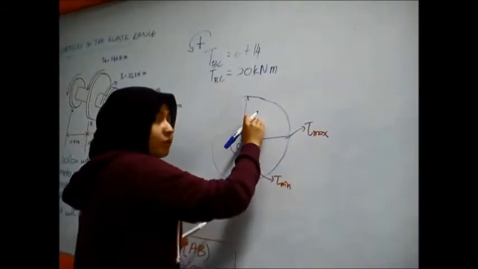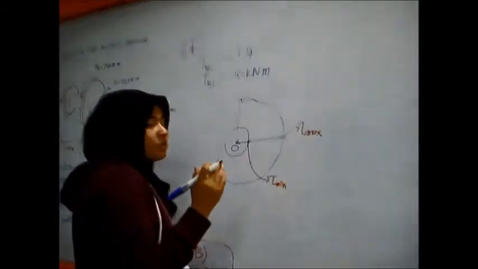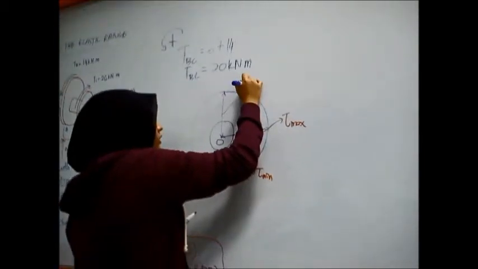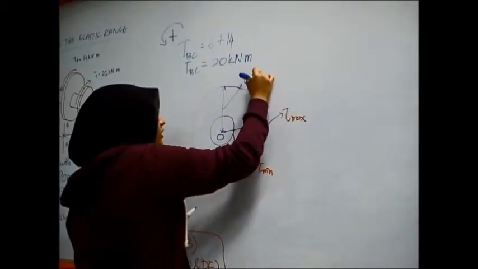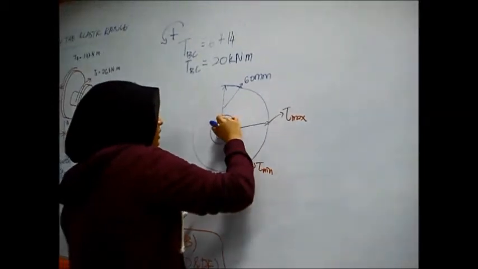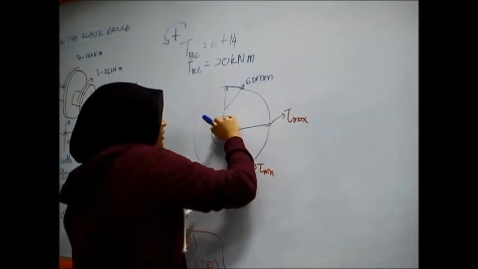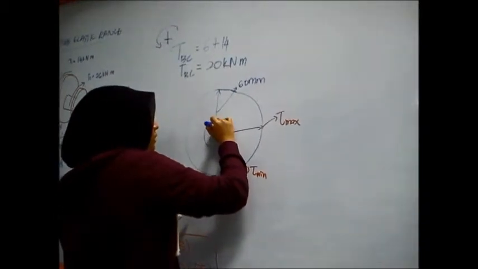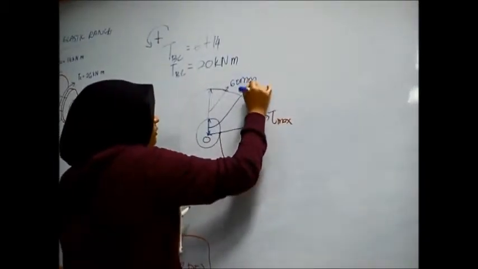The outer diameter is 120, so the radius will be 60 millimeter, and the radius of the inner diameter will be 30 millimeter.